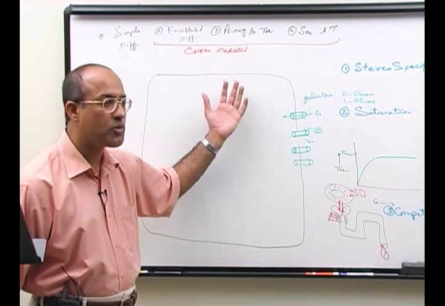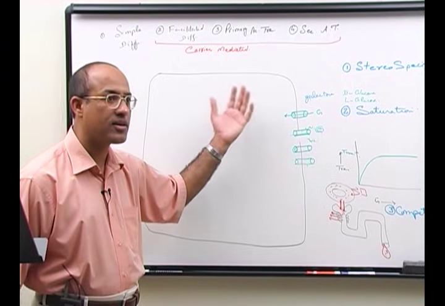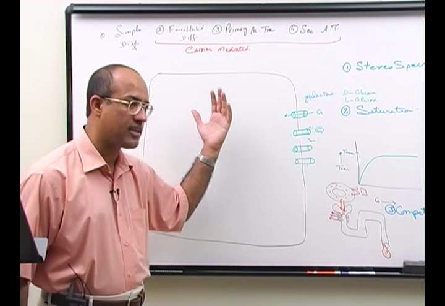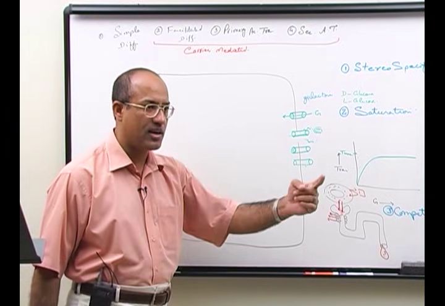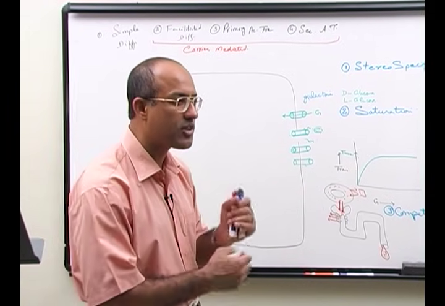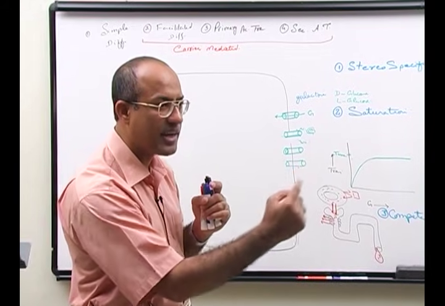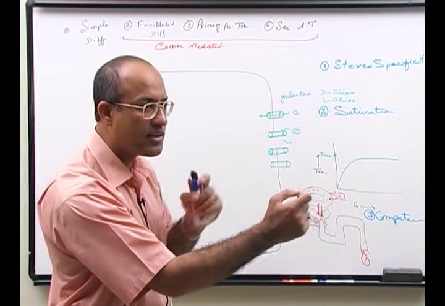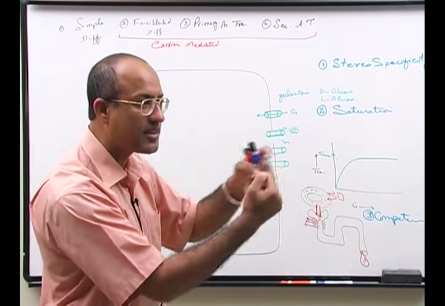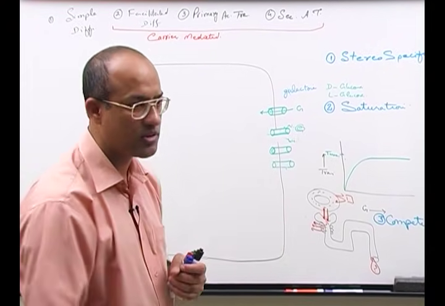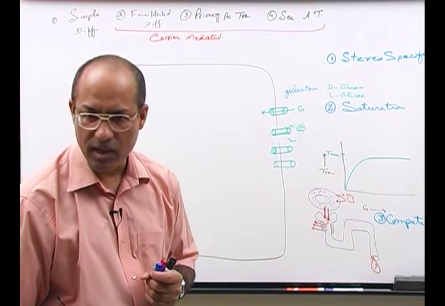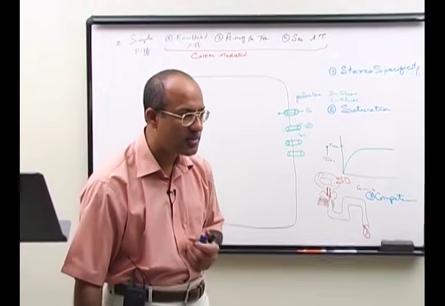Thirdly, these carrier protein transportation mechanisms display the phenomenon of competition. If they are transporting one substance, and another substance very similar to it is also available, then between the first and the second substance there will be competition to use the carrier proteins for transportation. Am I clear? No problem up to this.